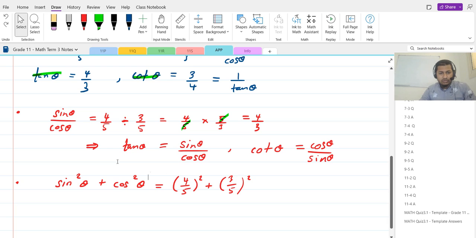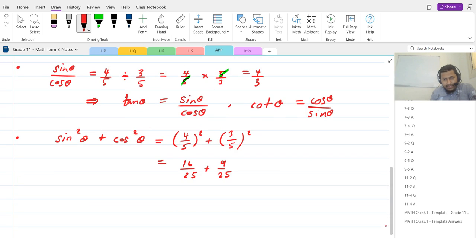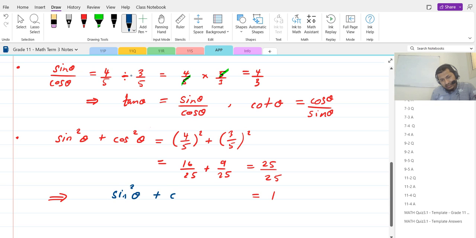Right, so we're simplifying this. What we have is 16 over 25 plus 9 over 25, and 16 plus 9 is 25 over 25, so that cancels out, the result is 1. So this implies sine square theta plus cos square theta is equal to 1.